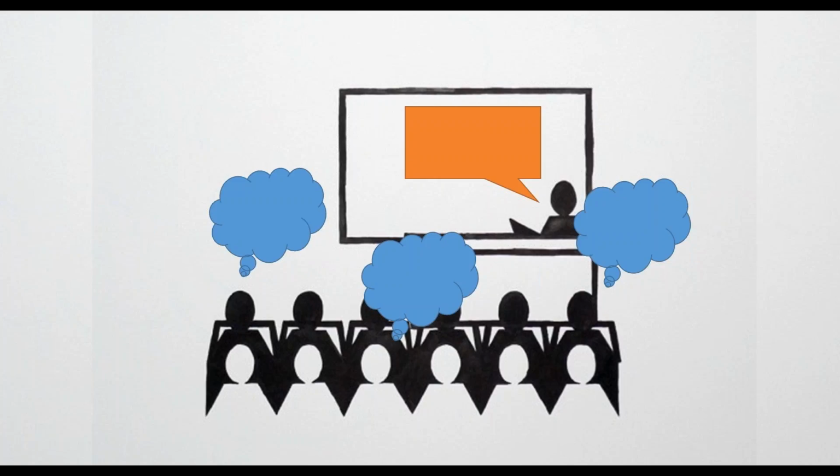This is the method that's been used since Socrates, Aristotle, even Jesus, as they're all teaching the multitudes of people. You have what we'd call a sage on the stage, or somebody who is wise and disseminating knowledge to everybody else. Now, an interesting thing about the traditional classroom is that time is a scarce resource in a classroom.